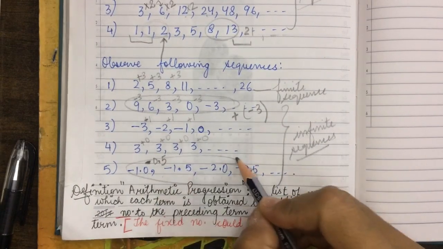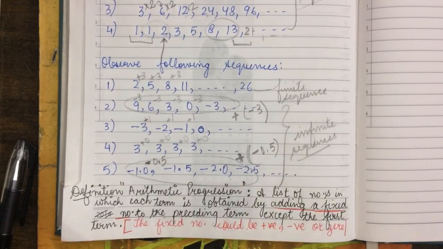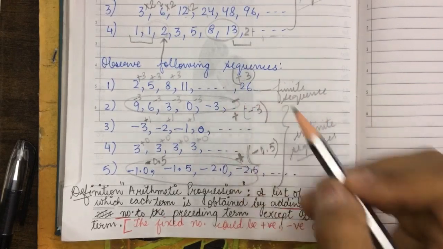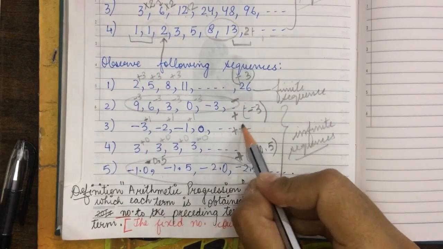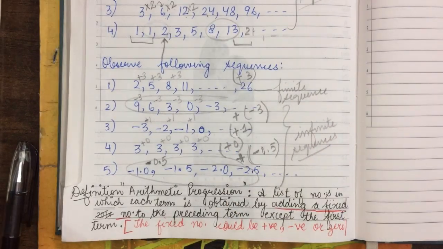And in this case, I would say that I am adding minus 0.5. So in all of these cases, we are having addition of a number. And the addition could be of a positive number, a negative number, or 0. This is what I've written here.